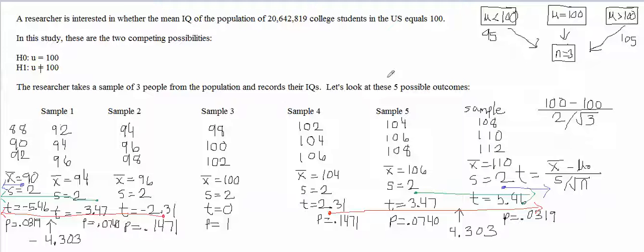So if you get this outcome down here, this low sample mean, it's unlikely in the middle situation, but it's at least more likely in this situation to the left, in which the population mean is less than 100.